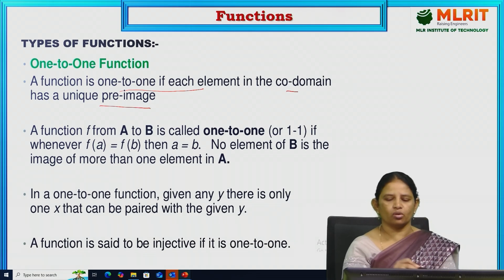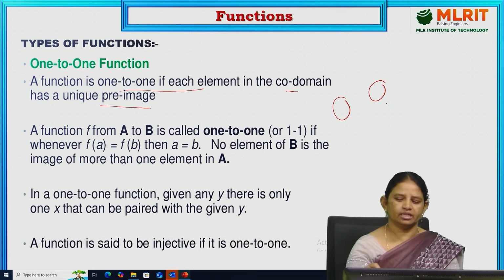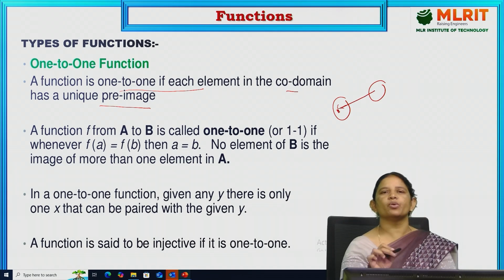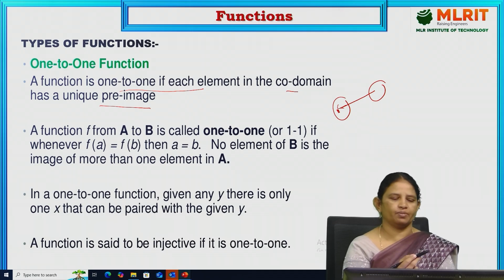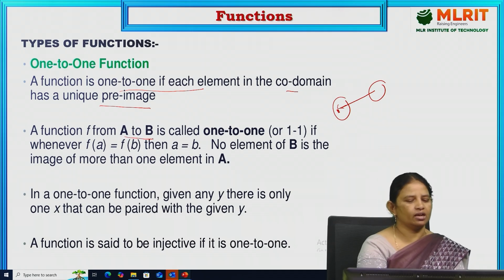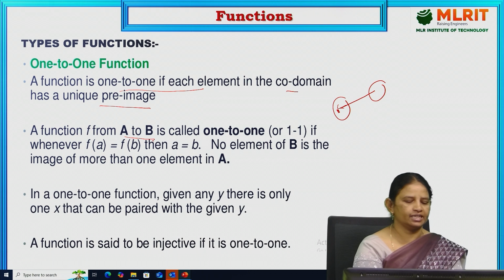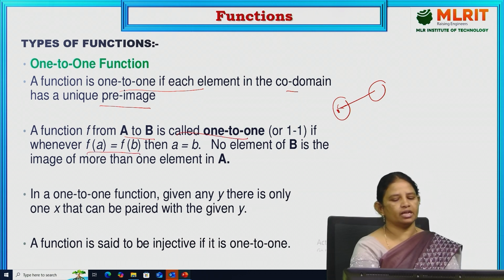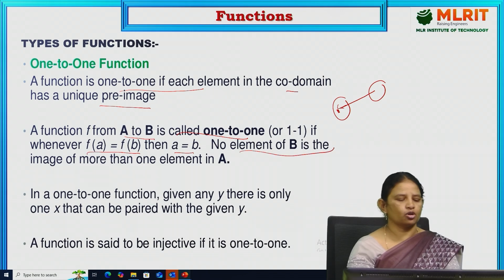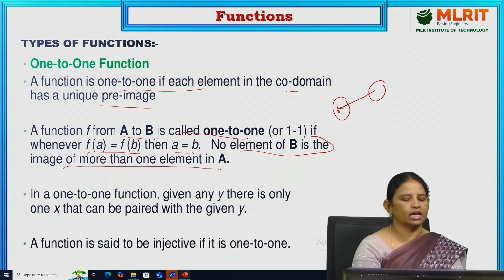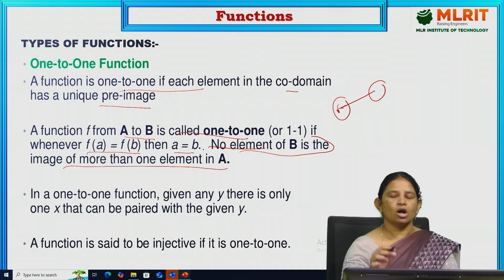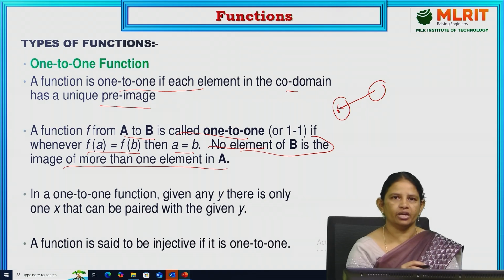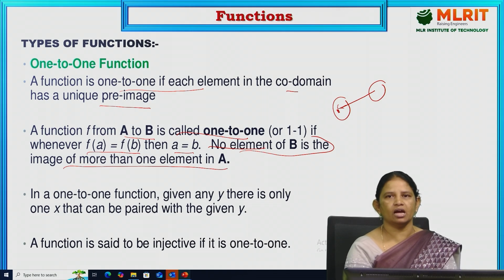A function from A to B is called one-to-one, or 1-1, if f(a) = f(b) implies a = b. That means no element of B is the image of more than one element in A. So exactly one element should be present.